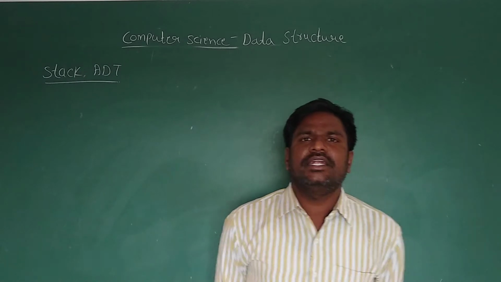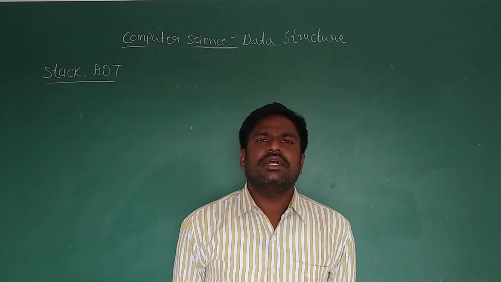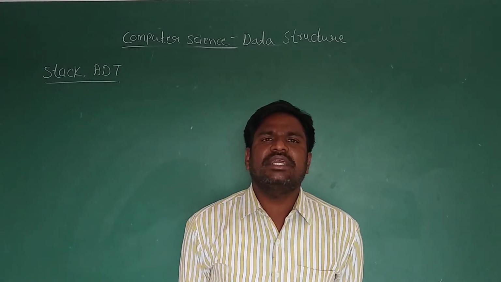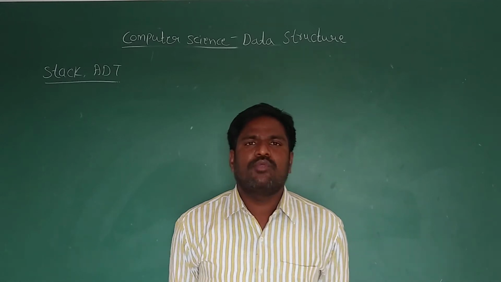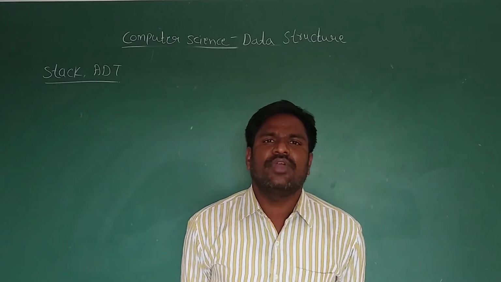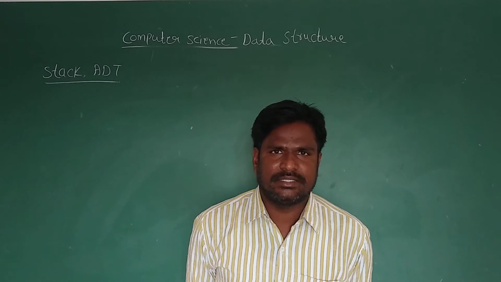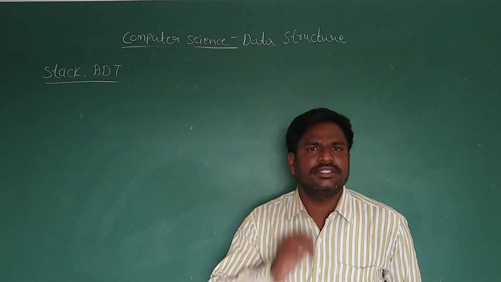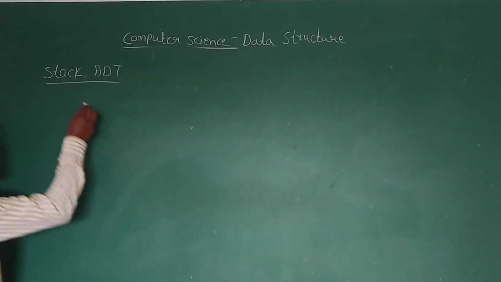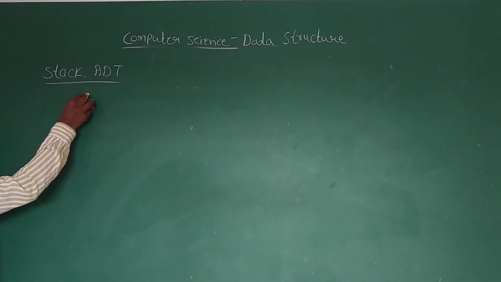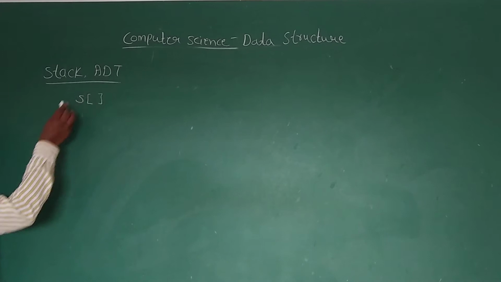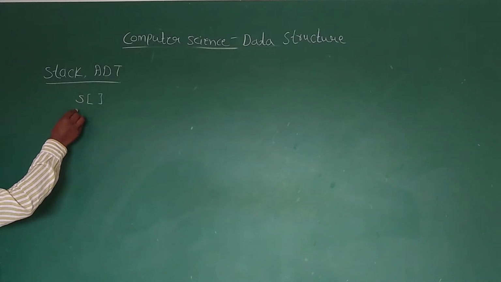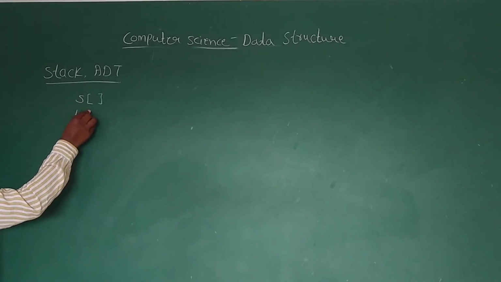In stack ADT, we studied what the main properties of a stack are and what operations we can perform on those properties. The main properties of a stack are three things. One is the stack array. We require an array, say S. Another one is the top value.